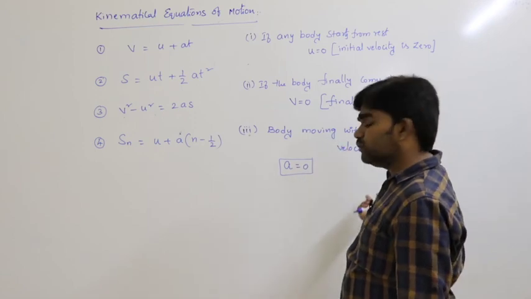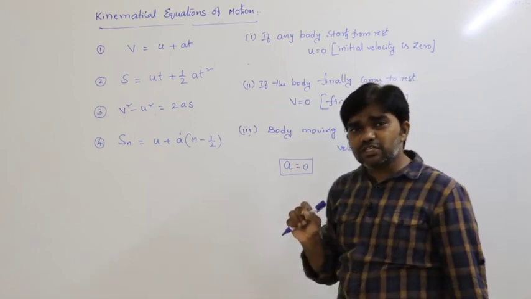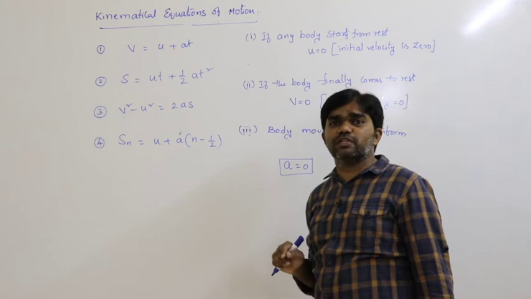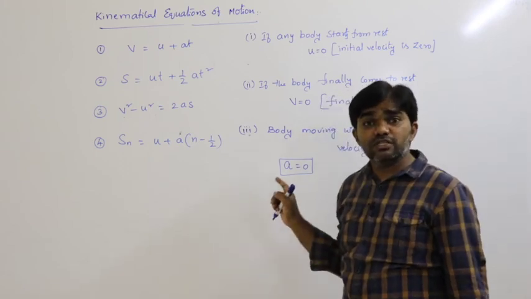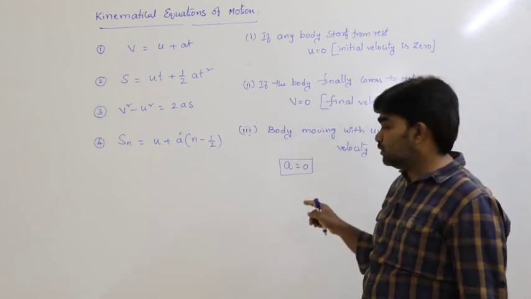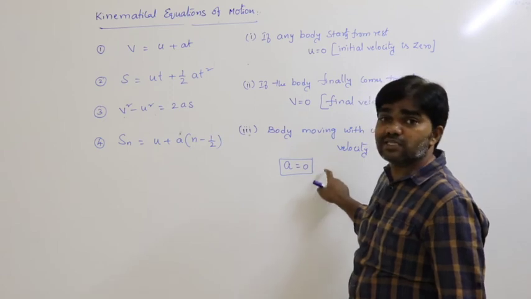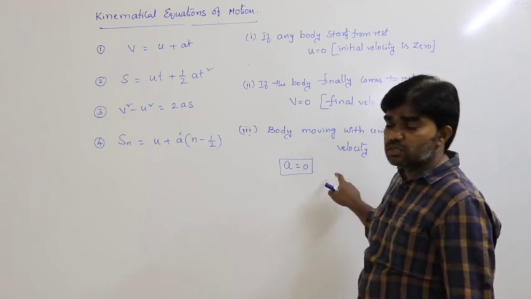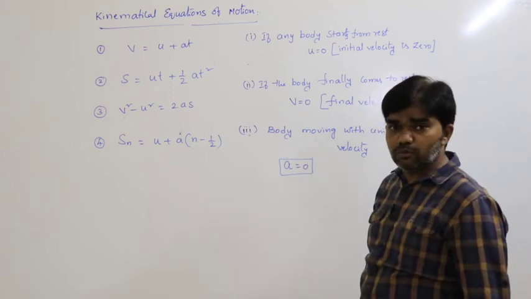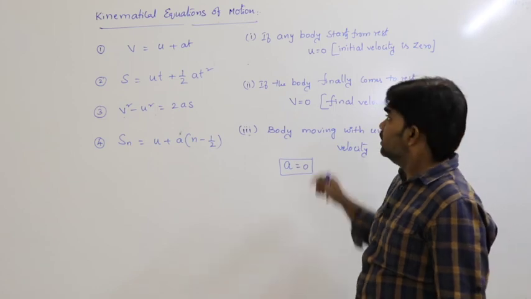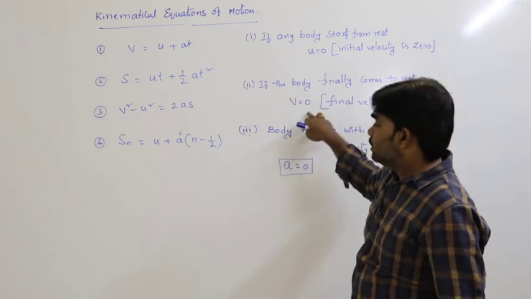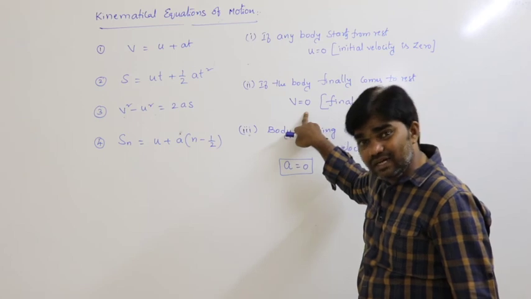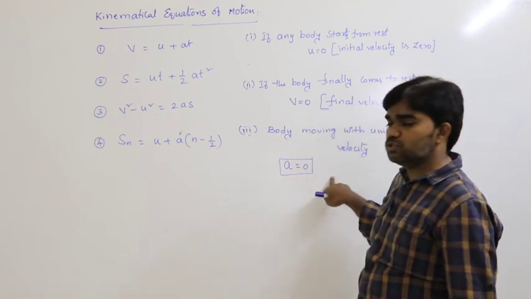That motion is called decelerated motion. Next, body moving with uniform velocity. That means the velocity of the body does not change with respect to time. That means the acceleration of the body must be equal to 0. This is called uniform motion. Accelerated motion, retarding motion or decelerating motion, uniform motion.